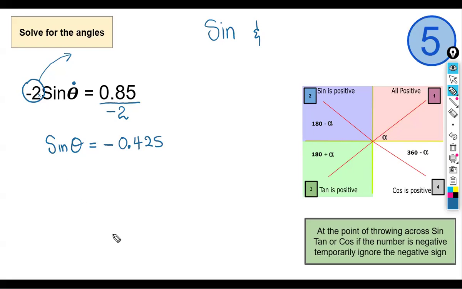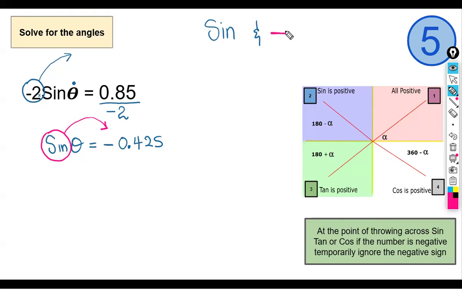Now it's time to throw across the sine, because we have nobody else but the sine to throw across. So when we take the sine and we throw it across, now is the time to ask yourself what sort of question this is. At the point of throwing across the sine, it turned out to be what type of question? A negative question.